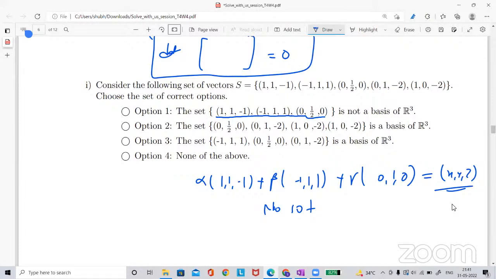Can you repeat the last part, please? So the last part is: when you check that this system has no solution, it means it needs more vectors, an extra vector, so that it can span. So it is not a minimal spanning set. It needs more vectors, right? Yeah.